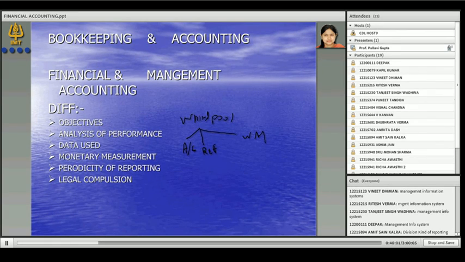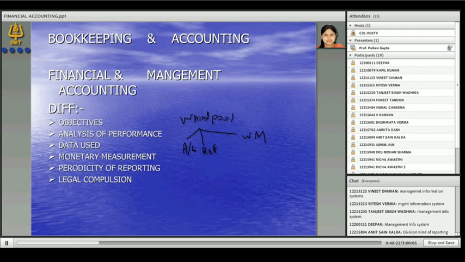Monetary measurement: financial accounting records the transactions which can be measured monetarily, while management accounting may cover non-monetary matters also, like the reports of the HR division, headcount reports, and performance reports. They are also part of management accounting.